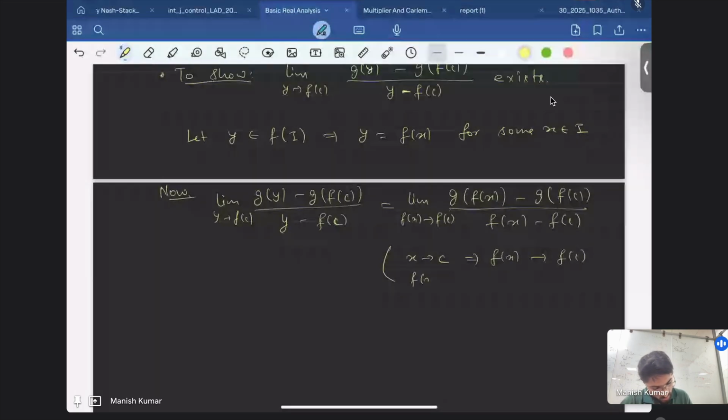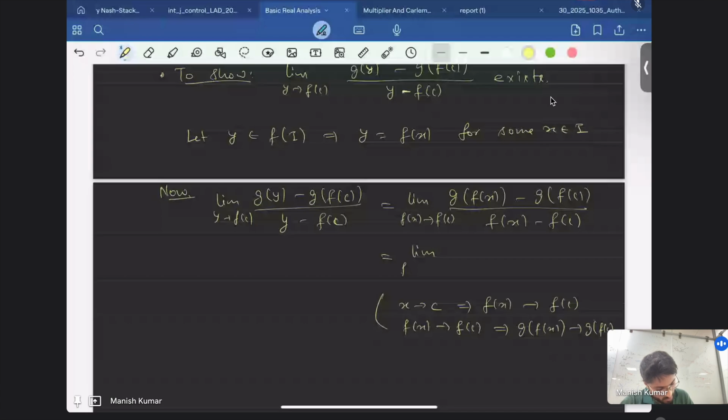So g of f of x would be x, and g of f of c would be c, right? So we want f of x goes to f of c. This would be x minus c upon f of x minus f of c. Using this fact, I can replace g of f of x by x.